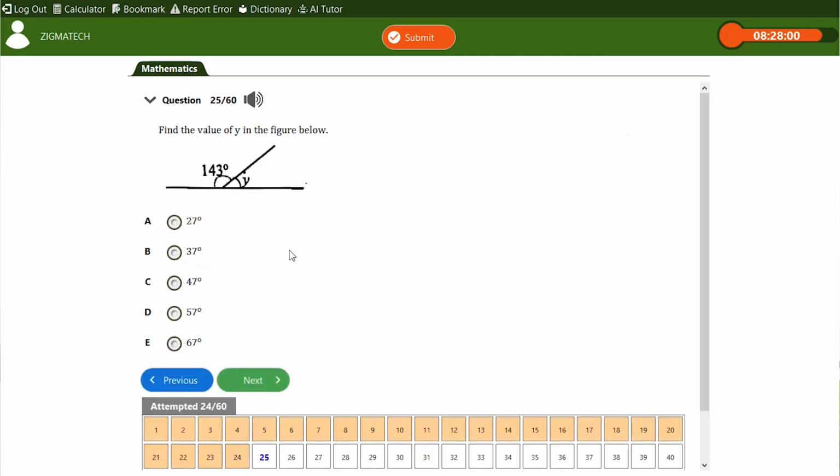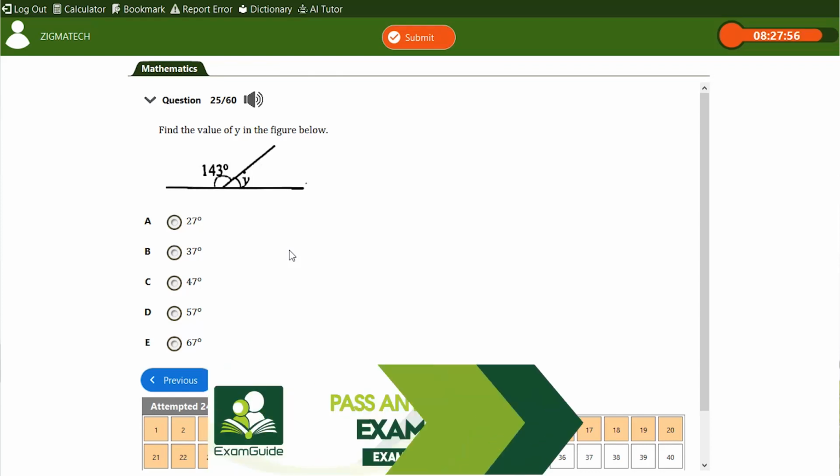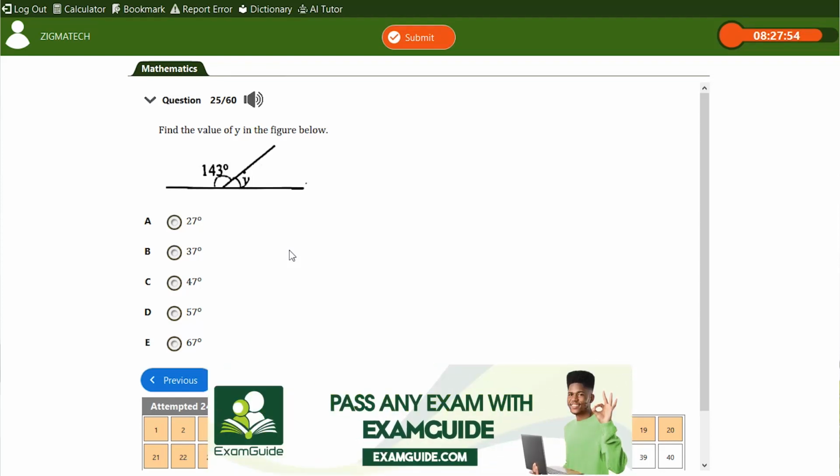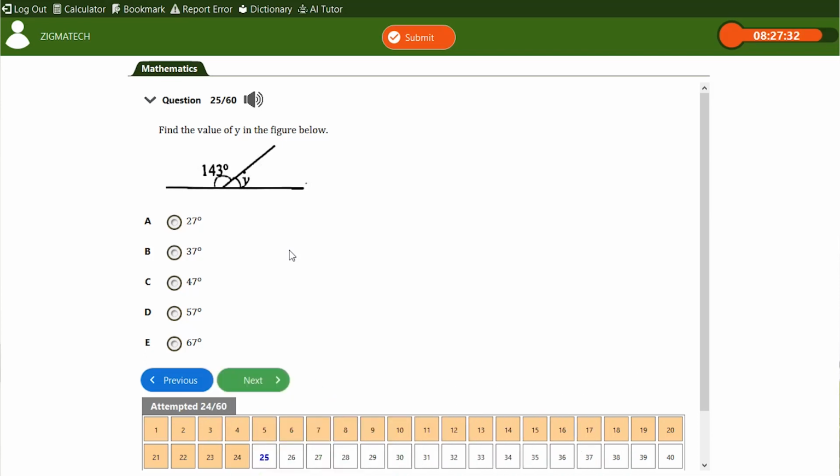Now this says, it's getting more interesting, right? Okay, we are getting closer to some questions that you need to really think very well before you can give the answers. So this is number what? 25.